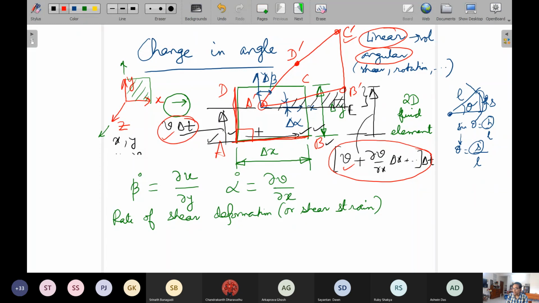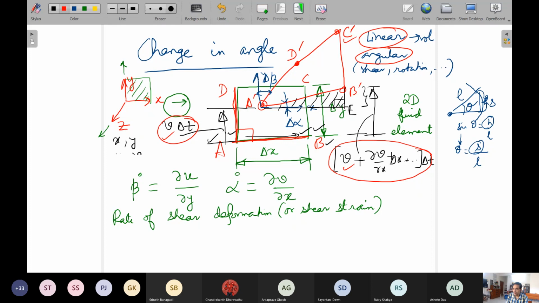Now, because of the peculiarity in deformation and variation of deformation from one point to the other, the change in angle of AB and change in angle of AD are not the same, which in a kind of rigid body motion you would have expected. So that differential angle is actually giving a shear.